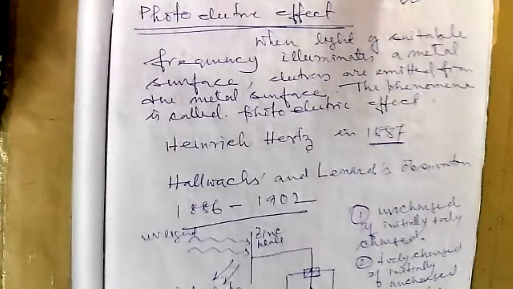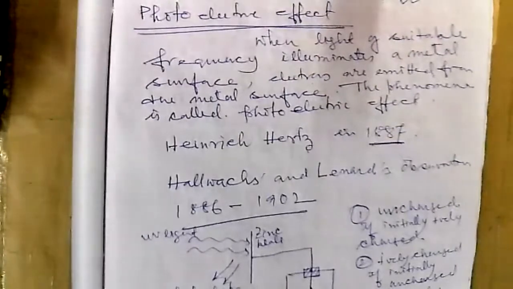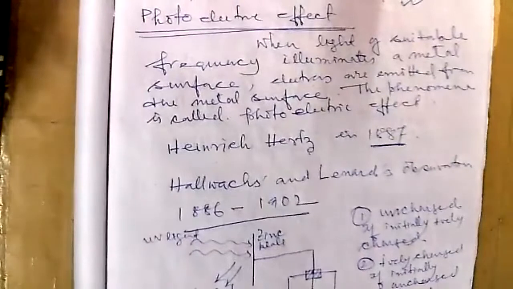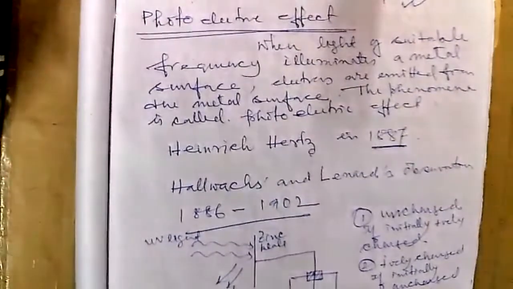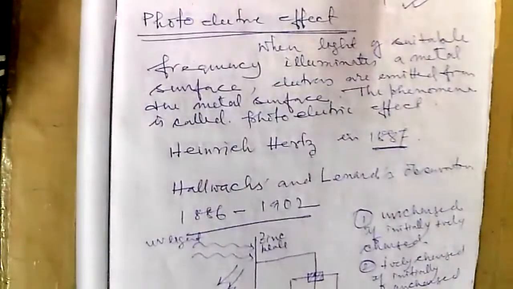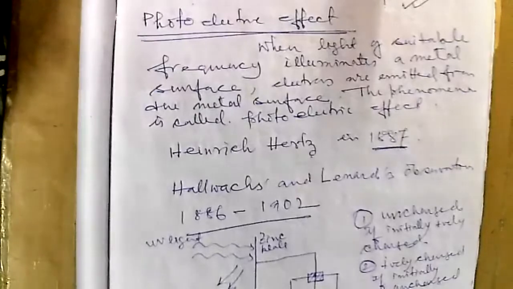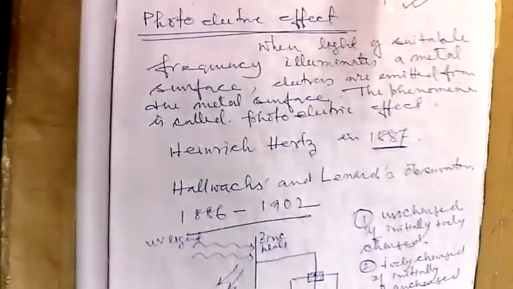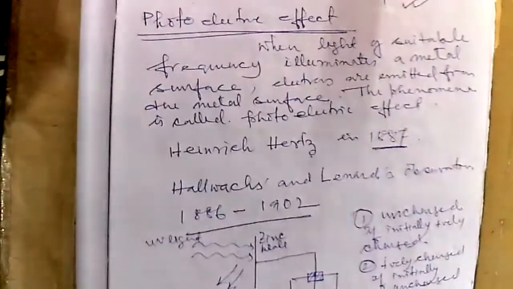Now, if these plates are illuminated with light, then an extra spark is observed at the detector. Whenever these plates are illuminated with light of suitable wavelength or frequency, some electrons are emitted from these metal plates, and they increase the electric field and enhance the electric spark.